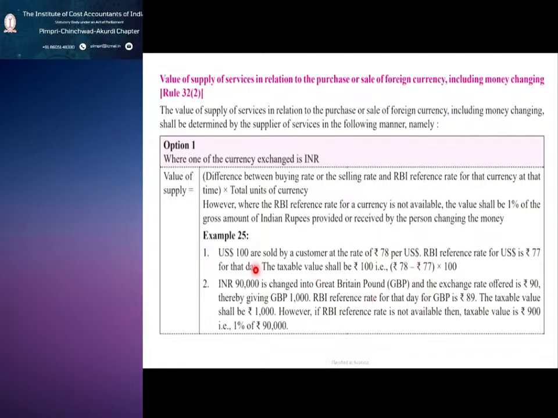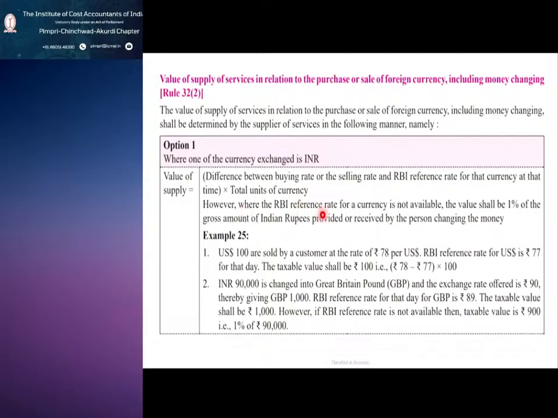So see here, our study material problem. You can refer to 32(2) in our study material. The difference between the buying rate or the selling rate and the RBI reference rate for that currency at that time, multiplied by the total units of currency.